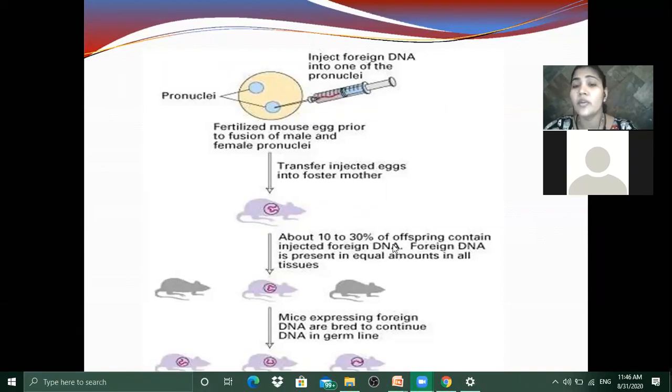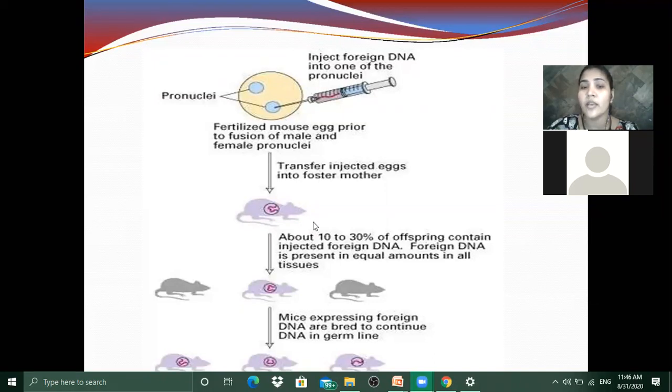About 10 to 30% of the offspring contain the injected foreign DNA. Foreign DNA is present in equal amounts in all the tissues, and mice expressing foreign DNA are bred to continue the DNA in the germline.